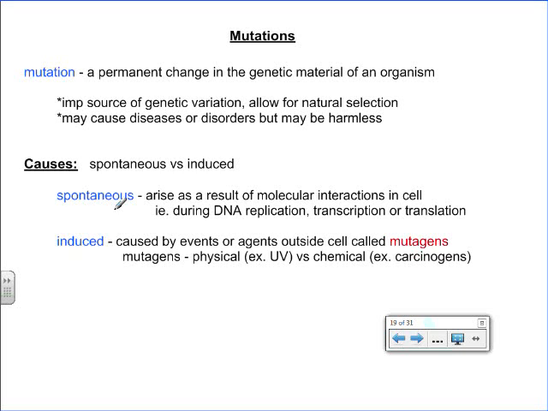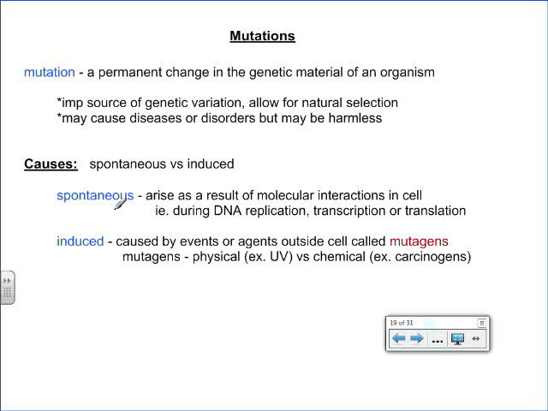Induced kinds are those that are caused by some kind of an agent or event outside the cell. They're called mutagens. Mutagens may be physical, like UV, or they may be chemical, like carcinogens.